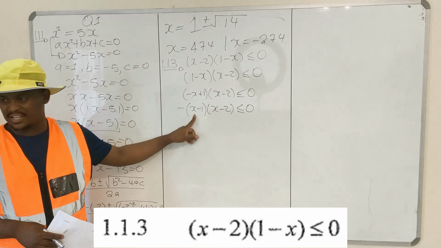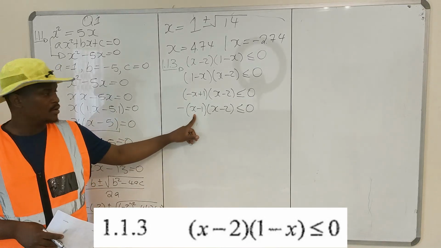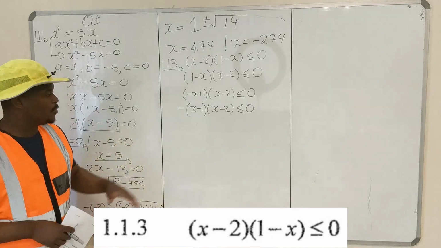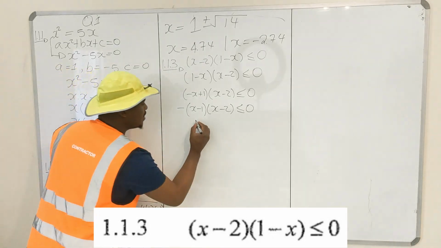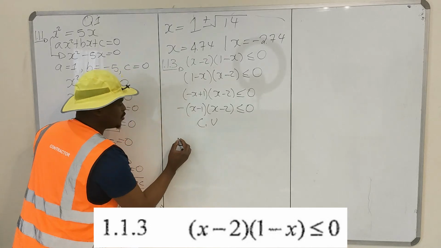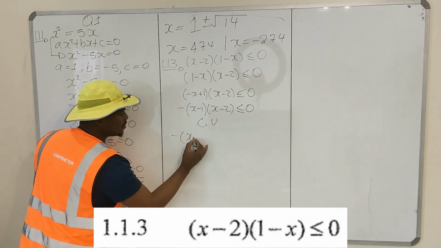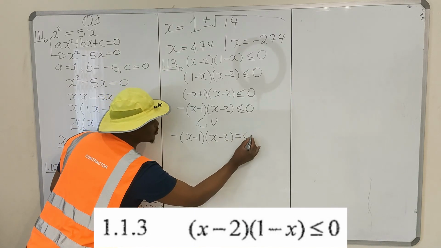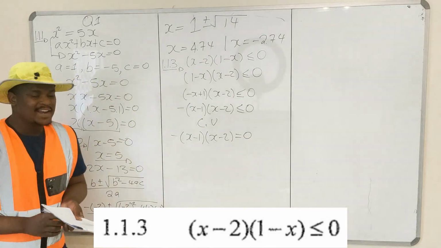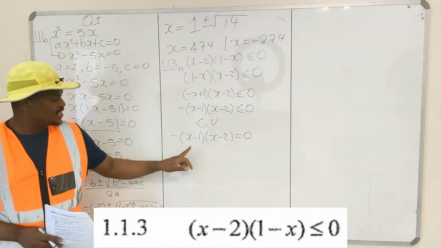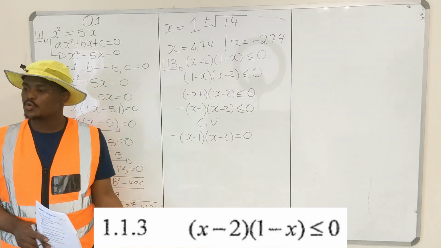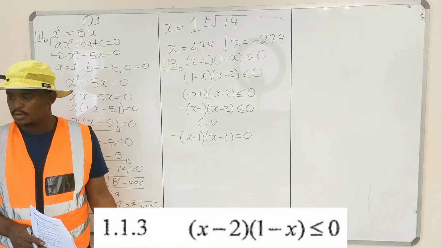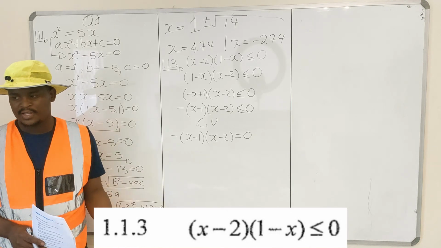So you know you are dealing with a negative parabola. From here, I'm finding my critical values. So you have negative x minus 1 and x minus 2. You equate them to 0. Like I said before, if you multiply two things and the answer is 0, what does that tell you? At least one of them is 0.